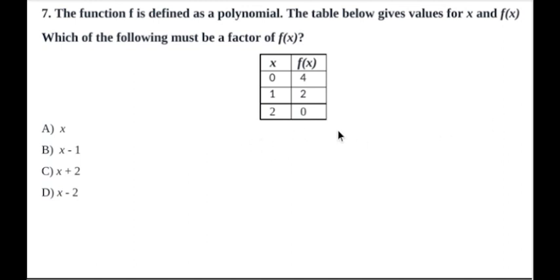If we have a condition where we put a value, let's call it x1, into the function, and we get a result of 0, which means it's on the x-axis.